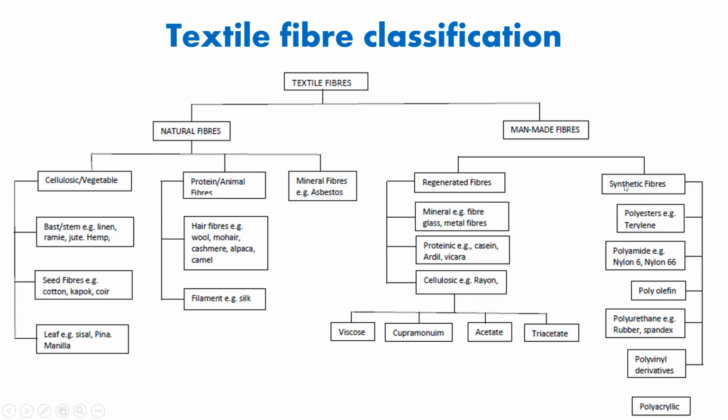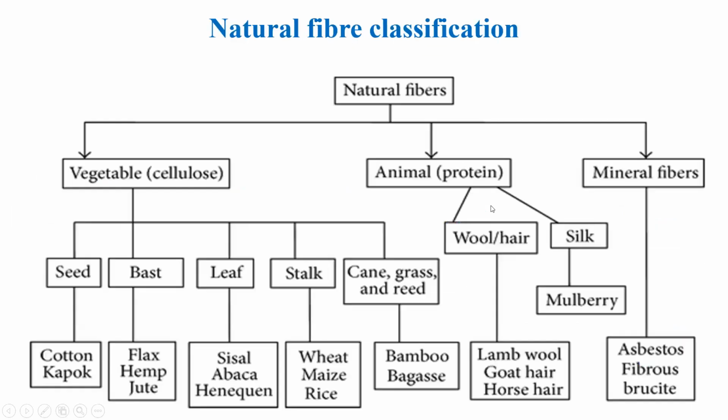Then with the synthetic fibers, we have polyester, polyamide, polyurethane, and polyvinyl derivatives. So this is the fiber tree. That is the main fibers, natural and man-made, with their subdivisions.